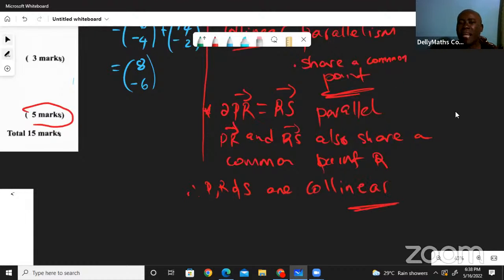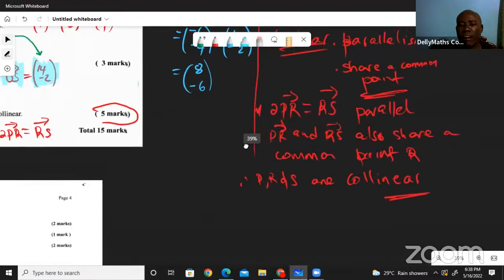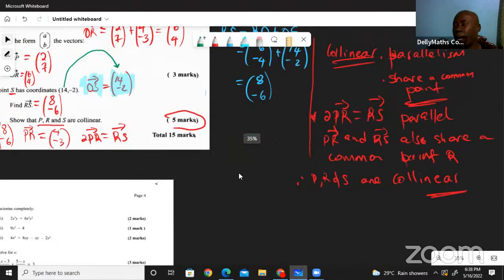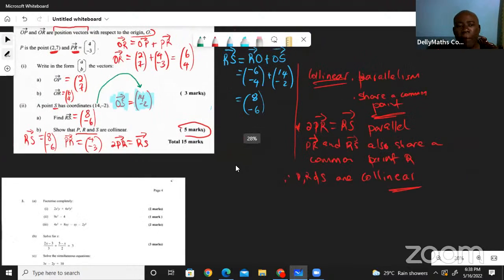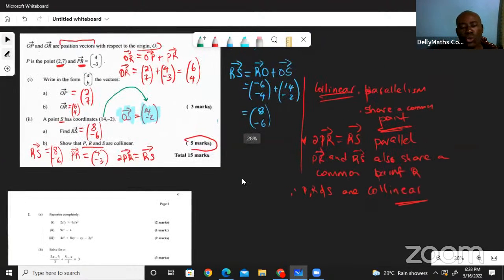So the idea is that whenever collinear comes about, what you want to ask yourself is this: am I able to prove that 2 vectors, using those 3 points, are parallel? And parallelism of vectors is just to be able to factor out a number.